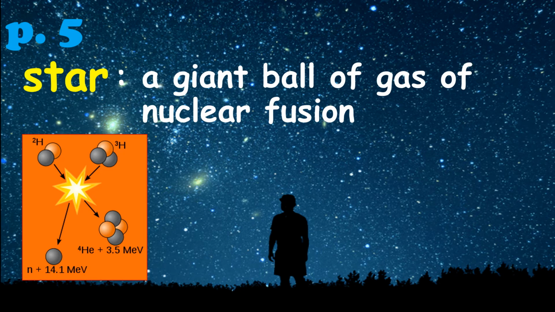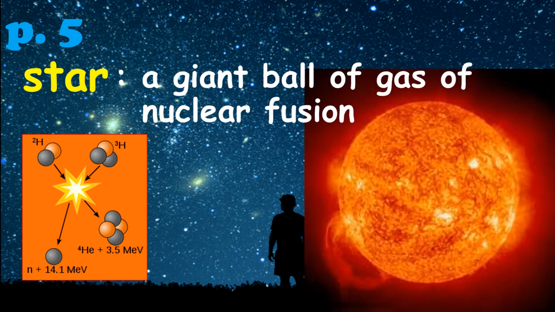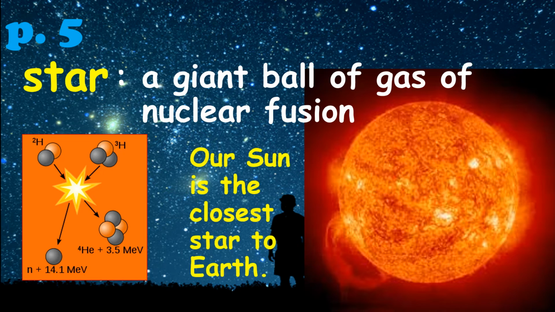That's what things like the atomic bombs are made out of. But when I have this large, giant area of these gases constantly being pulled together and exploding and creating helium, that's when we get a star. And once again, our sun is just a star. It's the closest star that we have to our planet and our particular solar system.